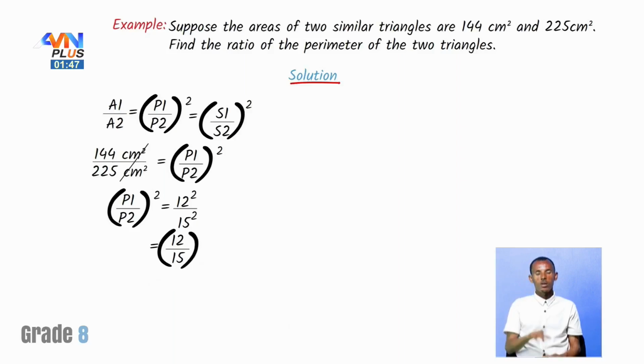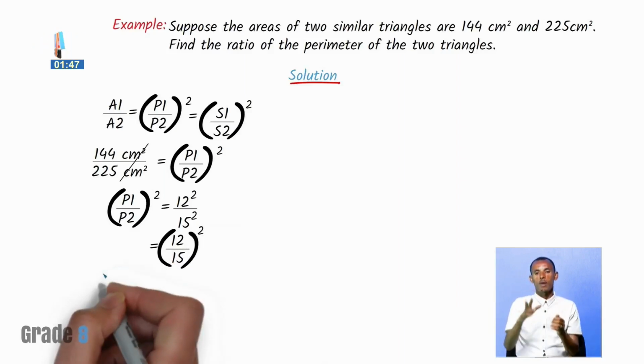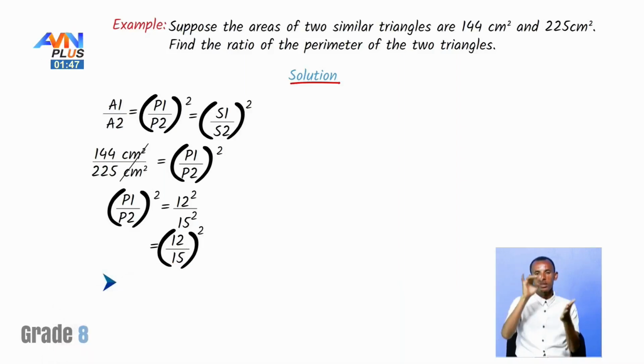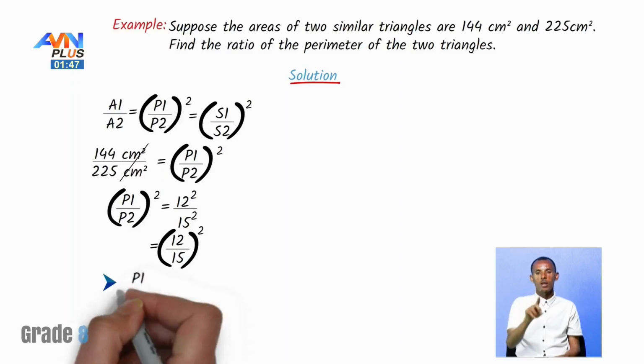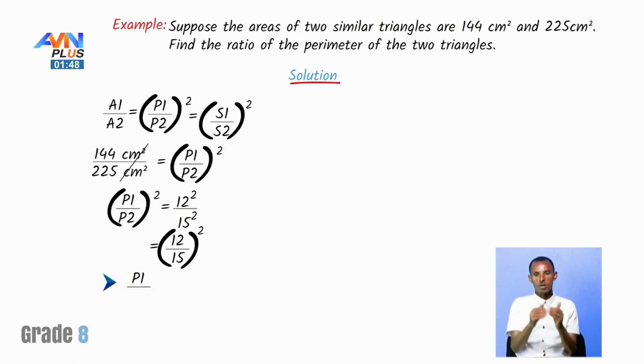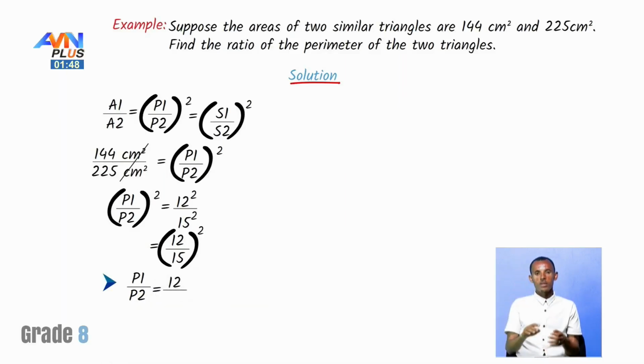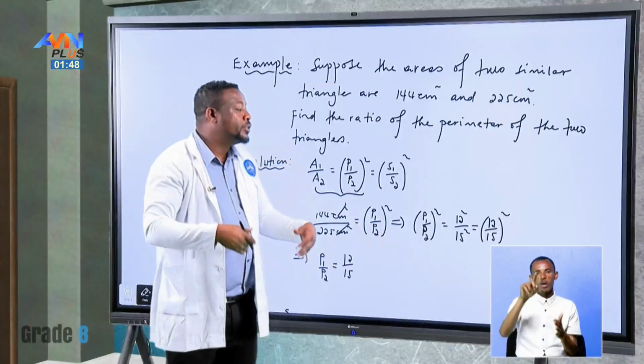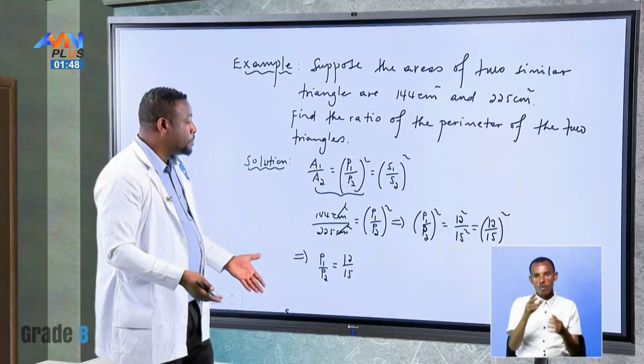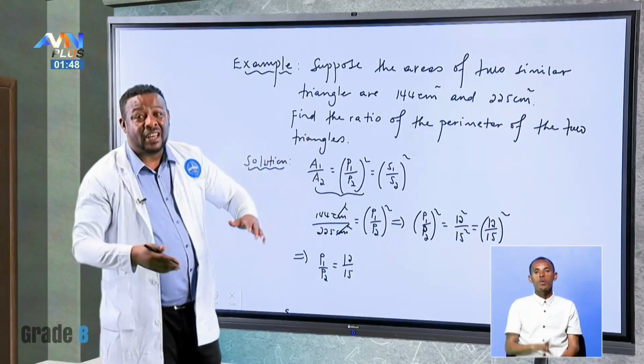Or you can take the radical on both sides. So this implies P1 by P2 is 12 over 15. But we are asked for the ratio.